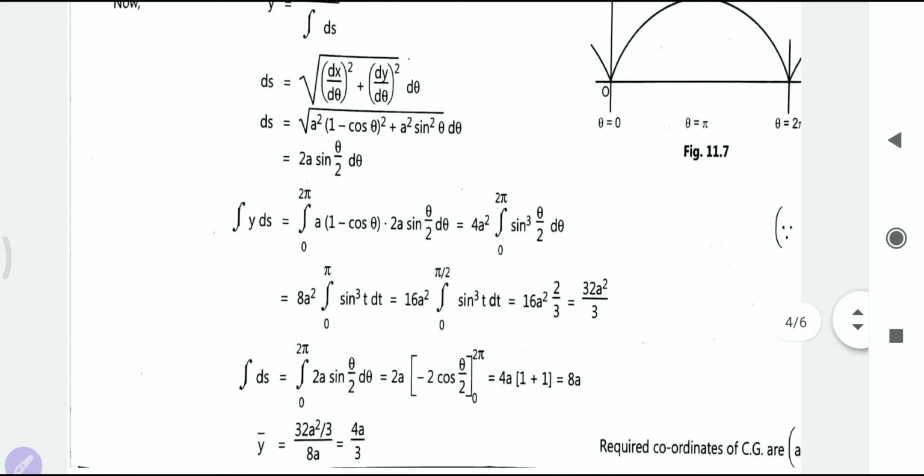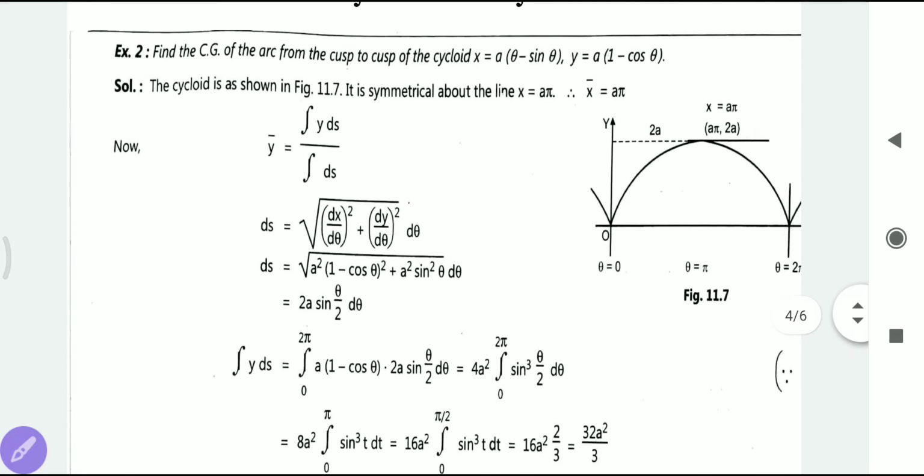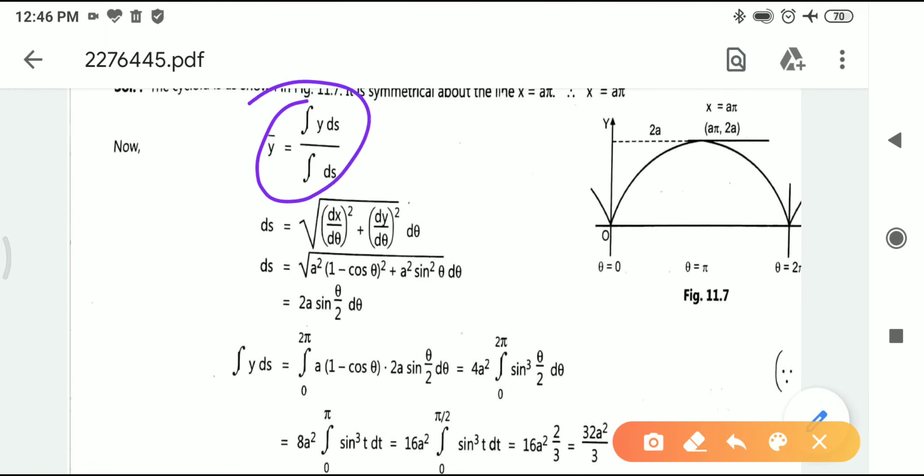So here in the center of gravity, what you are supposed to remember is the formula for x bar, y bar, and you have to check out the symmetry. If it is symmetric about x axis, then the y coordinate we know, and if it is symmetric about y axis, then we have the value of x. So here, since the symmetry is about the line x is equal to a pi, the center of gravity is definitely on this line.